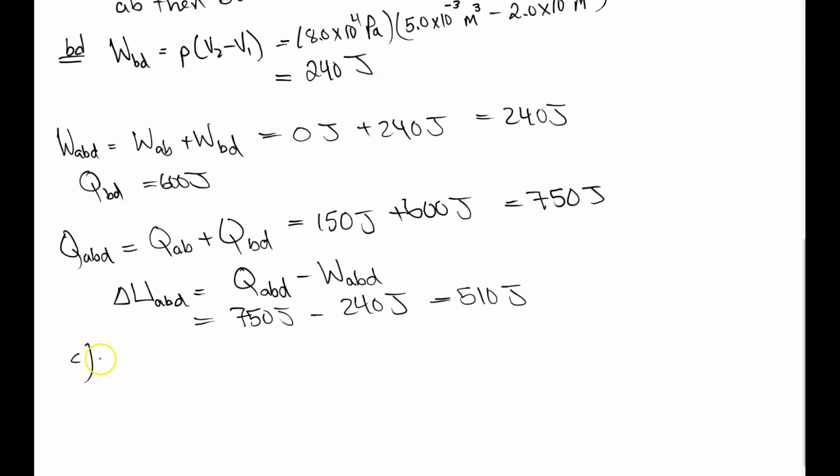Part C is asking for the total heat added to the process ACD.